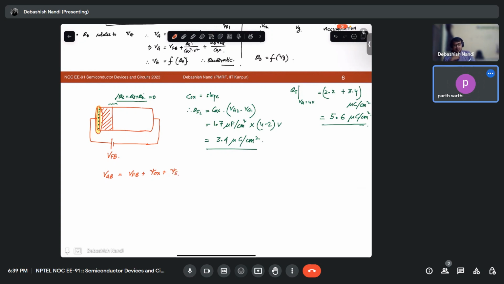Yes, sir. So if your VGB is equal to VFB, then psi ox plus psi s will be equal to 0. Okay.